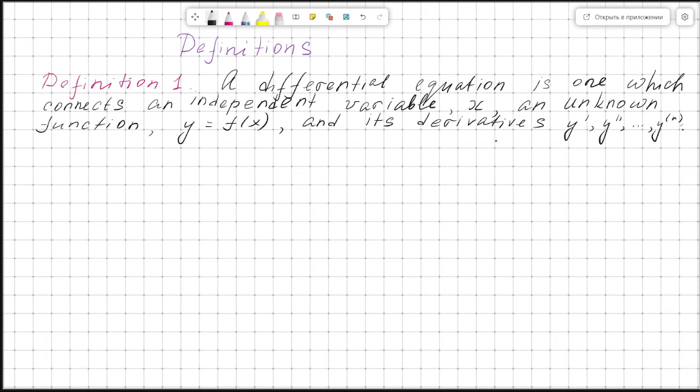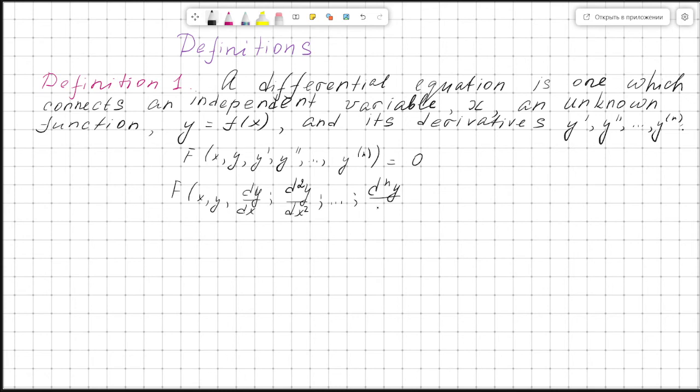Symbolically, a differential equation might be written as follows: f of x, y, y prime, y second prime, etc., the nth derivative of y equals 0, or f of x, y, dy over dx, d2y over dx squared, etc., to d nth y over dx to the n, equals 0.